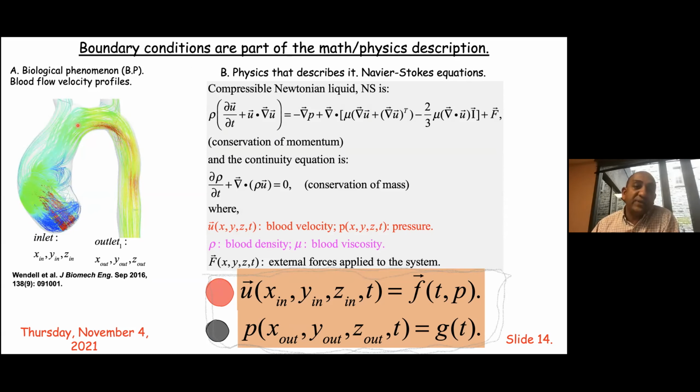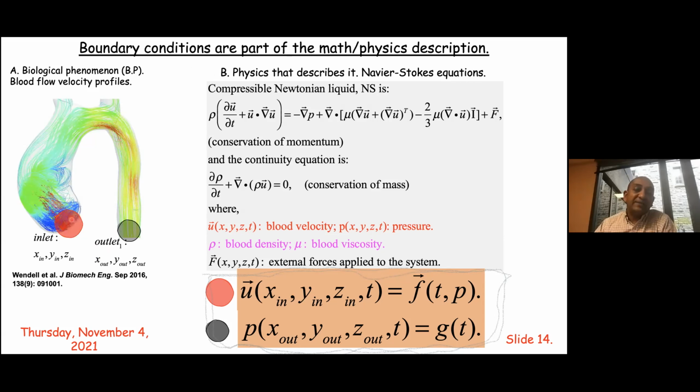While we do this computationally, there are others who might have experimental kit that does exactly the same. Okay, and so in case we're interested in describing the blood flow velocity profiles, we must have boundary conditions at the inlet as well as at the outlet, as shown by these two circles, one red and one gray.